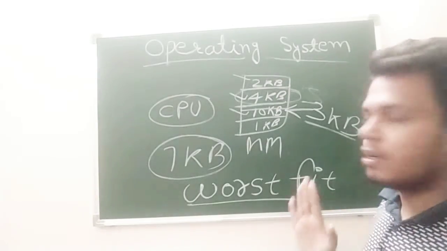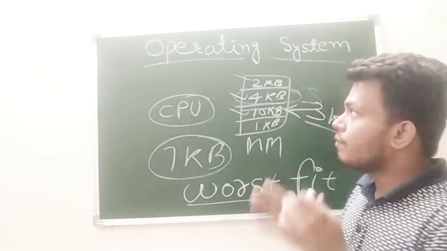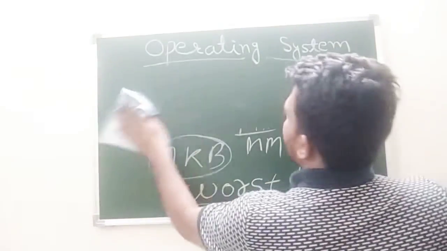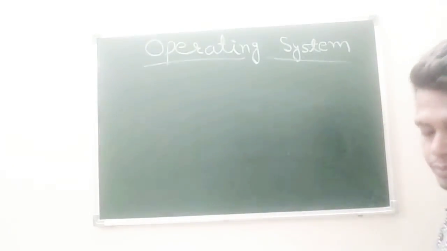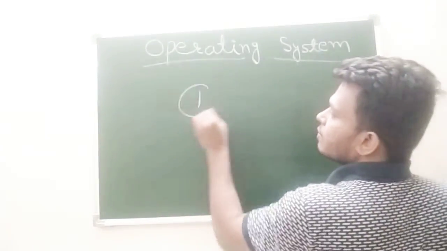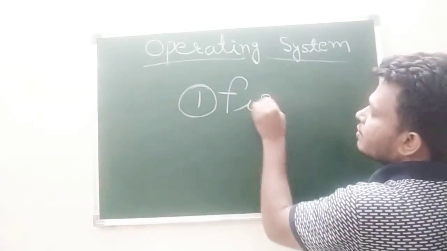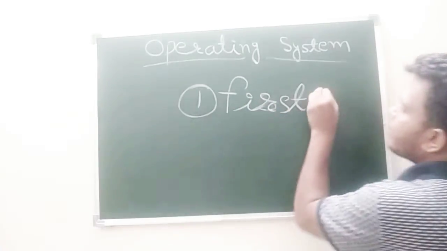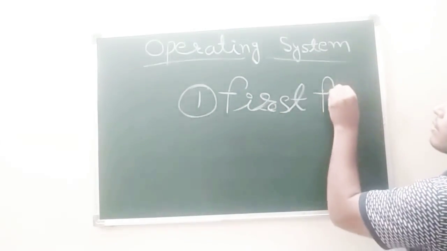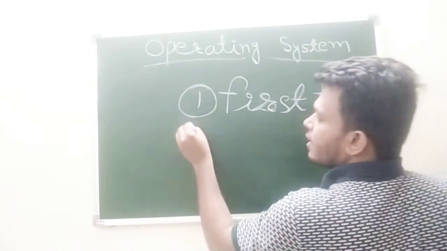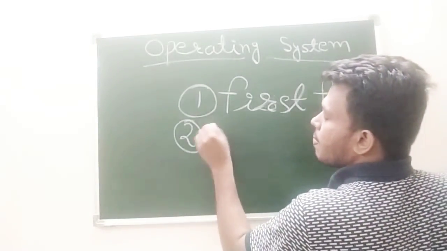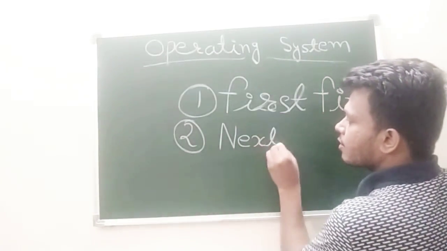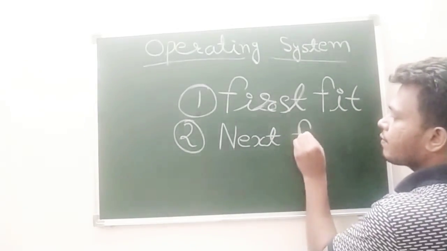So this is all about the different algorithms available for contiguous memory allocation. Let me brief all the algorithms. First we discussed first fit. Clear. Second we discussed next fit.